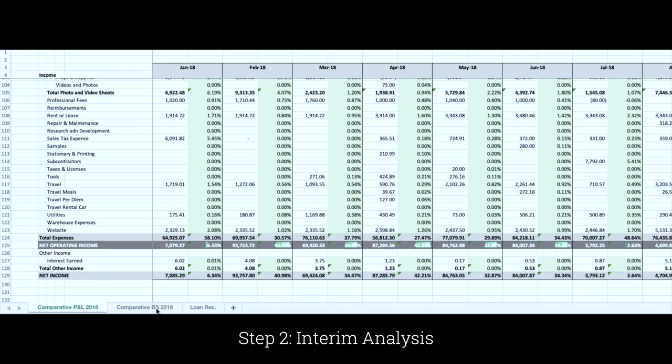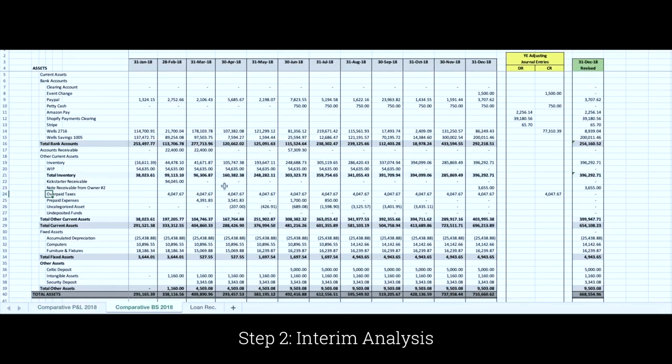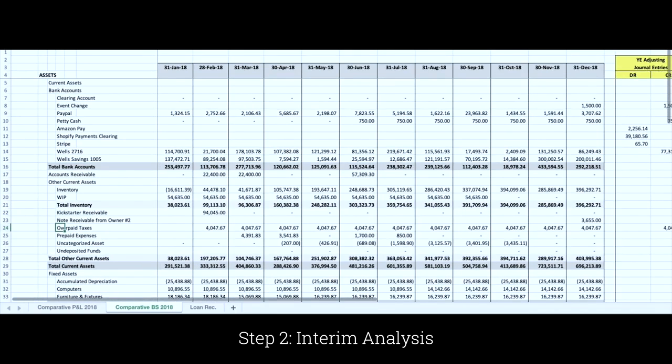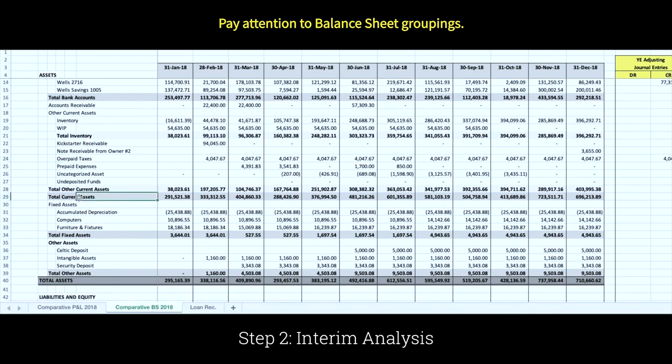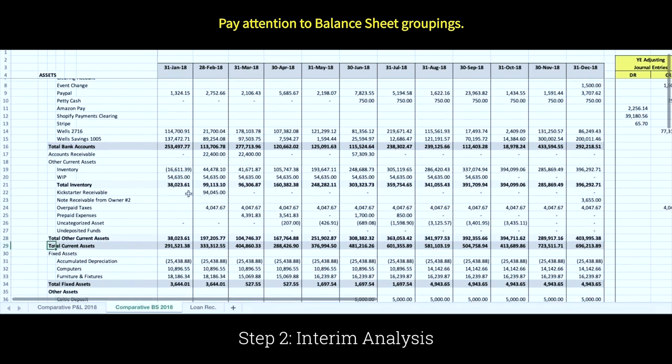Now, we also have a balance sheet, and we're going to talk a little bit about how to get more information out of your balance sheet. Here, we can see that they've made an effort to categorize things. The main thing on the balance sheet is we want to make sure that we have sections for what we call current assets. A current asset is defined as anything that can be converted to cash within 1 year.